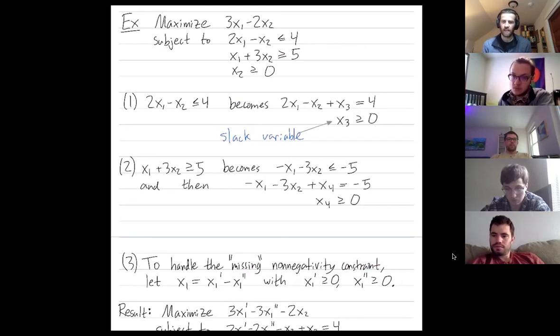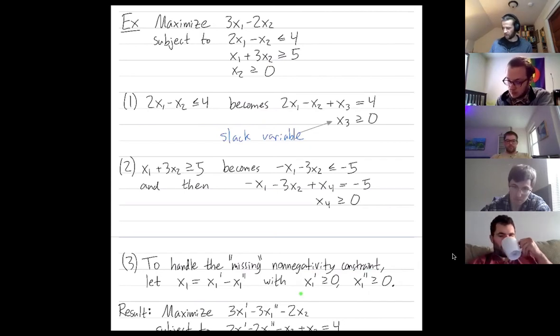Let's say x1 were -5. Then you could let x1 prime be 0 and x1 double prime be 5. So x1 prime and x1 double prime are always going to be non-negative, but by subtracting two non-negative numbers from each other, you can get an arbitrary real number.